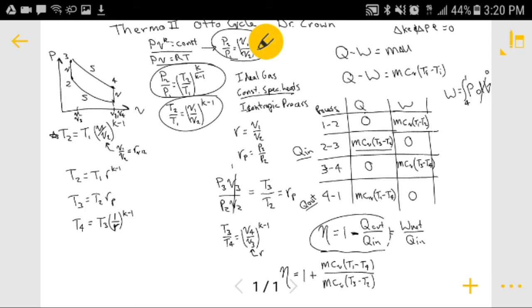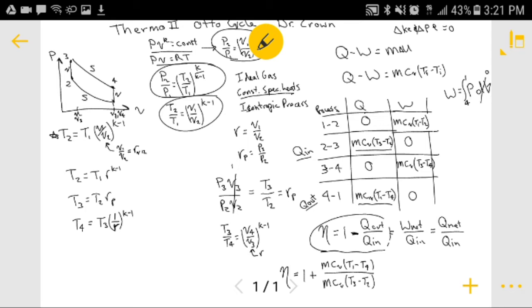So by actually writing this Q out where it will be a negative number requires that I don't put the negative sign in my efficiency equation. If that seems confusing to you, then just write that the net work equals Q net over Q in, which is really what it is, and I just sum up all the Q's, and if they're either positive or negative, I just put those in.